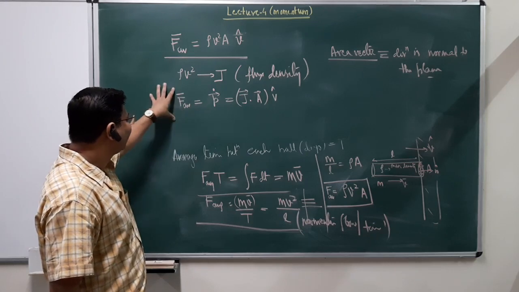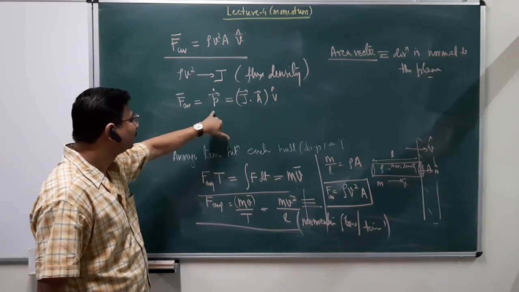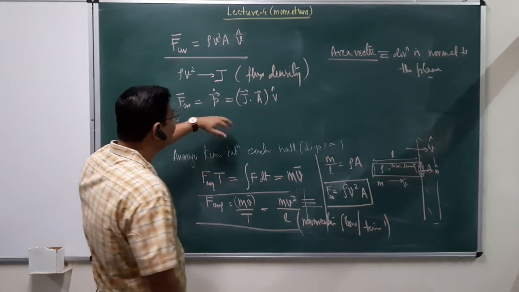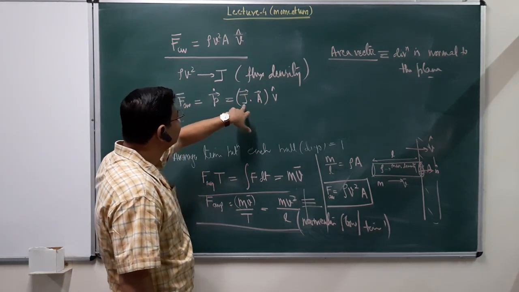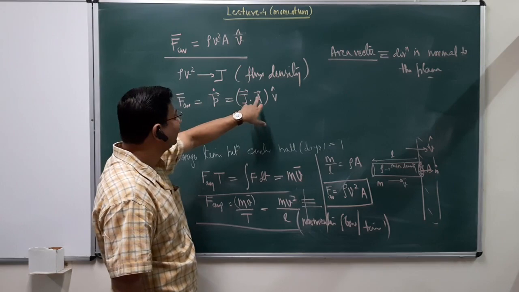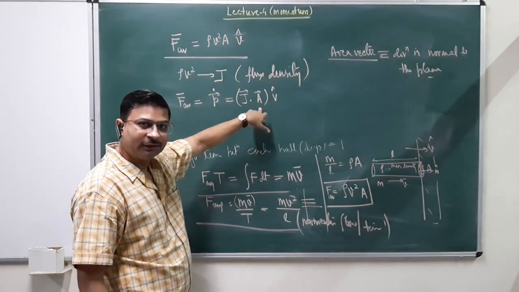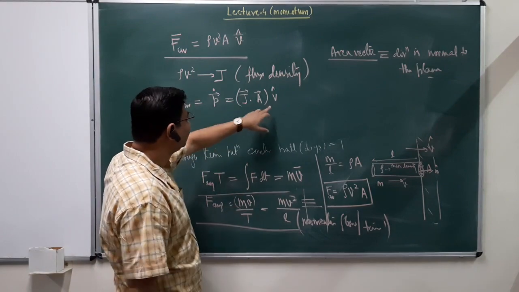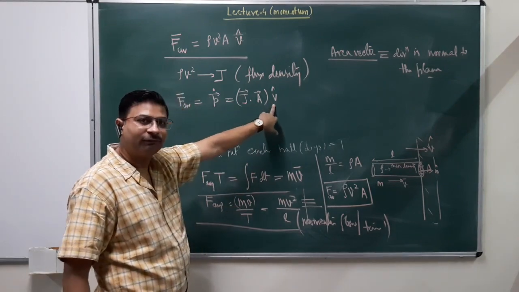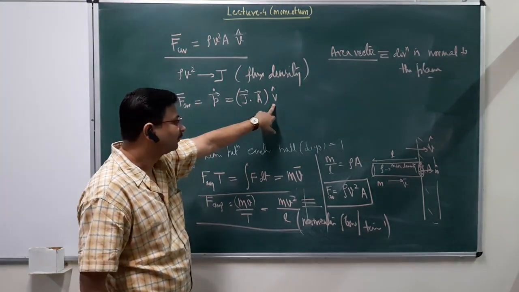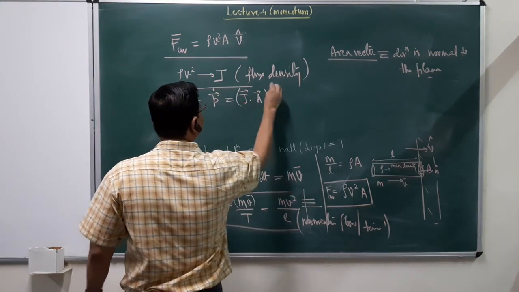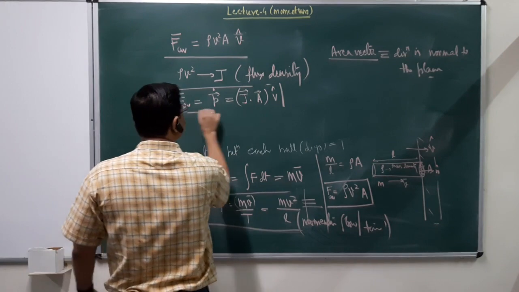So the average force, the rate of change of momentum, right? And now this will also be called momentum flux, is flux density into the area. So flux passing through unit area, over that area, and in the direction of the velocity vector, or the direction of the motion of the system.